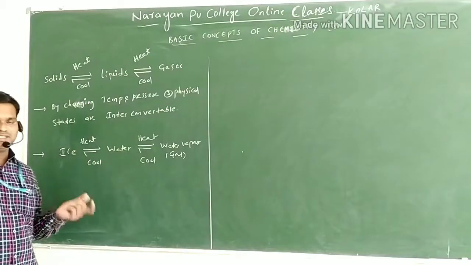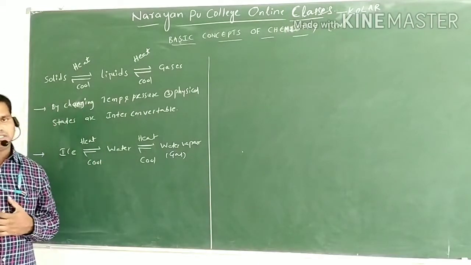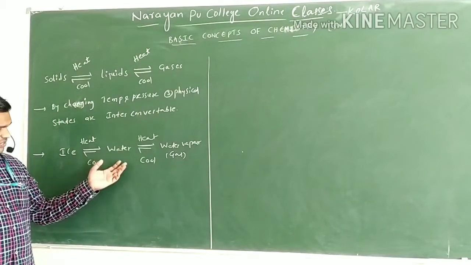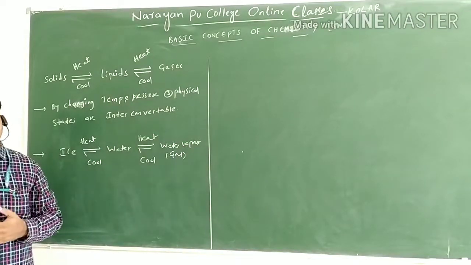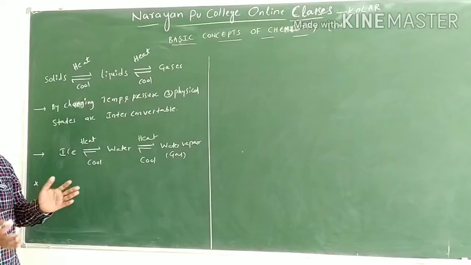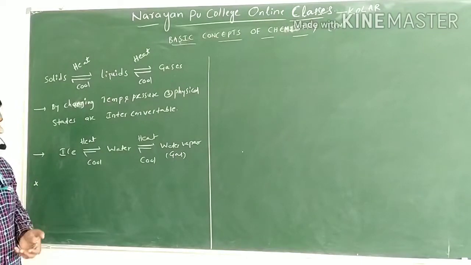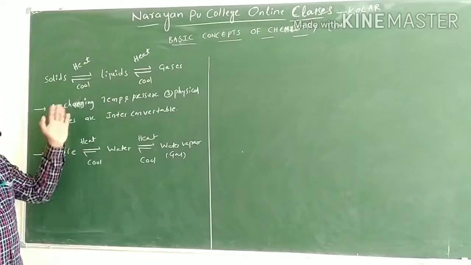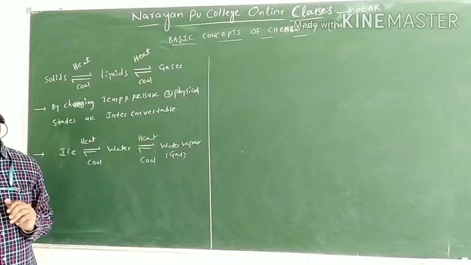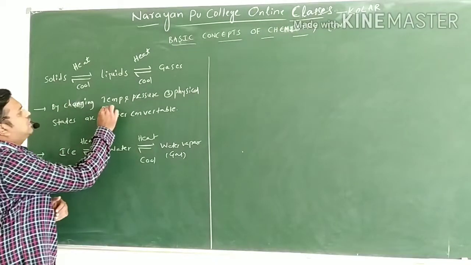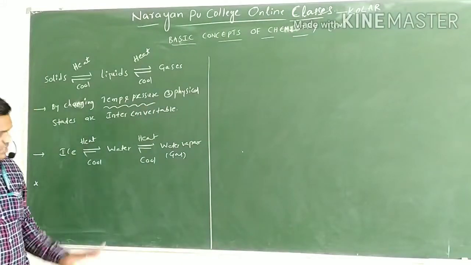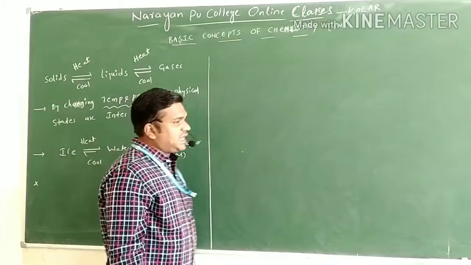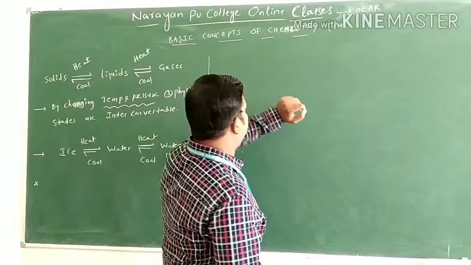Water is converted to ice at 0 degrees Celsius, and water is converted to water vapor at 100 degrees Celsius. So by maintaining the temperature and conditions, by changing temperature and pressure, we can convert one physical state into another. This is about the interconversion of the physical properties of matter.